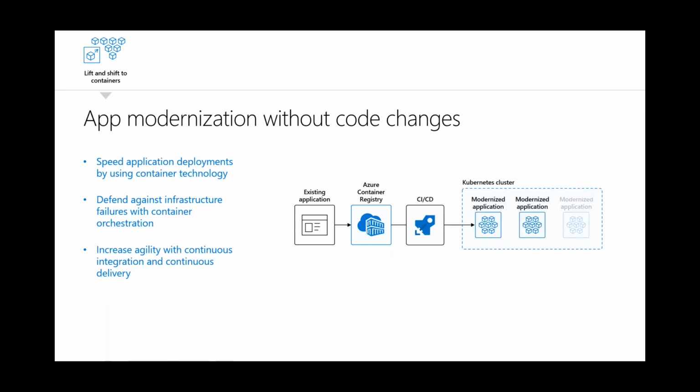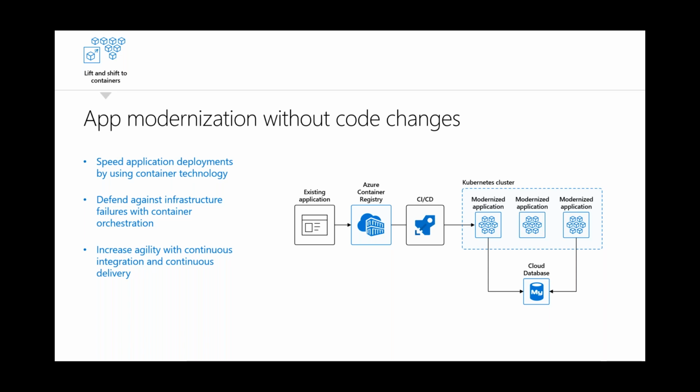You'll see here, as I was mentioning, the app modernization without code changes. You can speed the application deployments by using the container technology, defend against infrastructure failures with container orchestration, and increase the agility with continuous integration and continuous delivery.